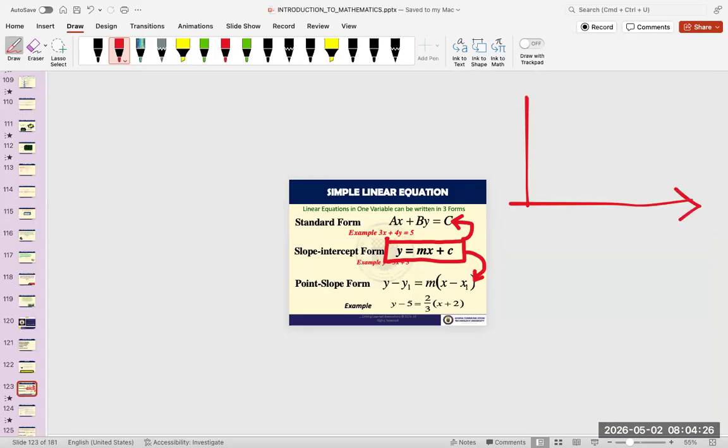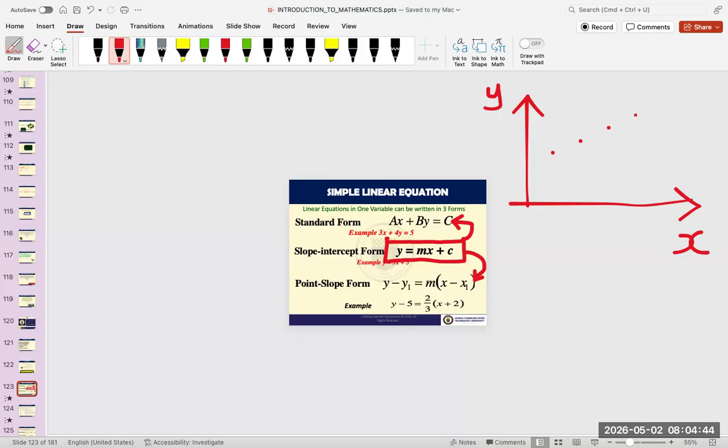All the plottings you've done at the lower levels, secondary school, JHS, you were taught to plot graph on two axes. You have the y-axis, and then you have the x-axis. They will give you a couple of points to plot.